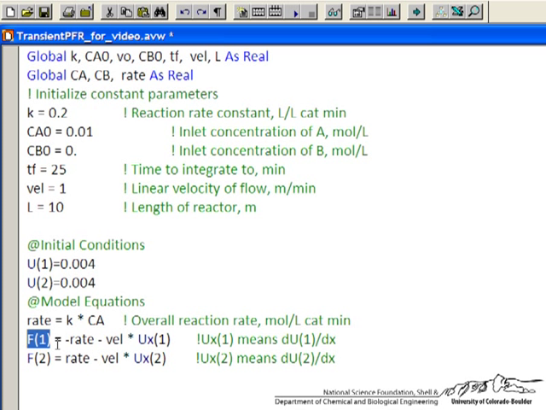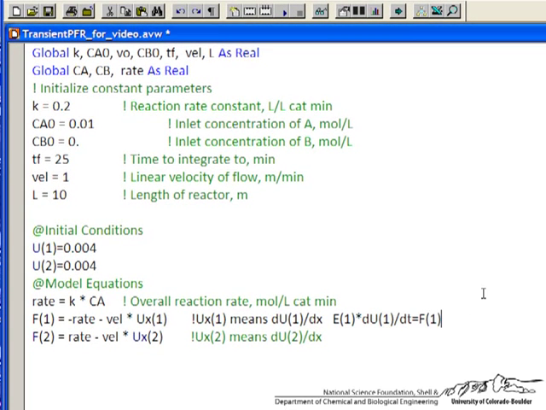In Athena, it's worth writing what we're really solving. We're saying E1 times the derivative of U1 with respect to t equals F1. That's what we're solving in Athena, and of course, likewise for E2 and the derivative of U2, etc.